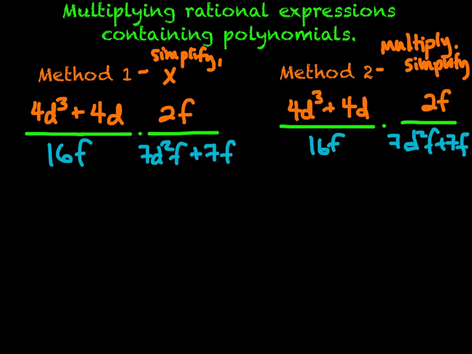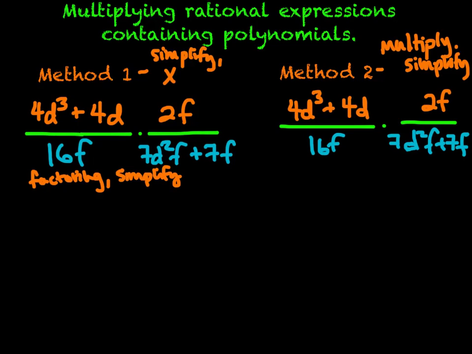You'll notice that one of these ends up being a little simpler than the other. This first one, let's simplify and then multiply first. So simplifying means first we are factoring, and then we are simplifying based on commonalities between the top and the bottom.